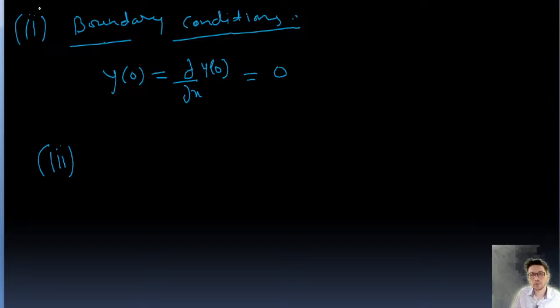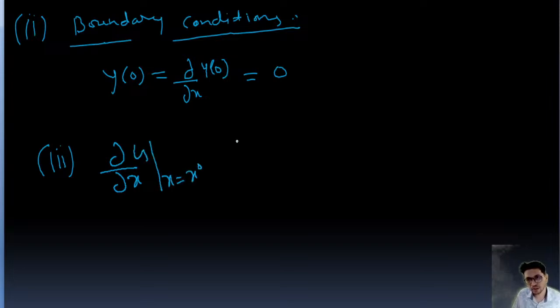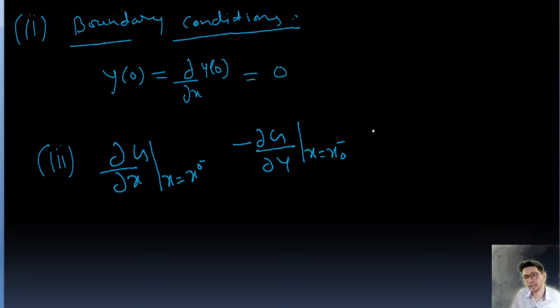So what we have to do is check del g over del x at x equal to x naught plus minus del g over del x at x equal to x naught minus. This is for the greater value, this is for the lesser value, and we have to check that value. If this value is 1, then this would be the correct option, guys.